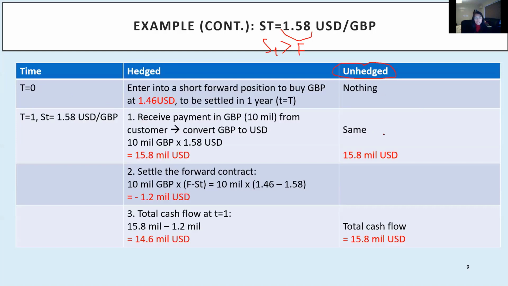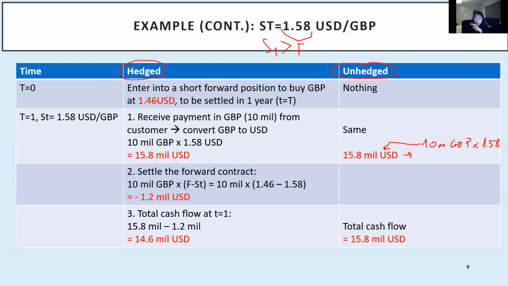I'm going to wait for 1 year, receive the 10 million pounds from my trade partner, and I'm going to convert the pounds into the USD at that time, okay? So here, in the future, I'm going to convert 10 million pounds into the USD at the future spot exchange rate of 1.58, and I'm going to get 15.8 million, okay?